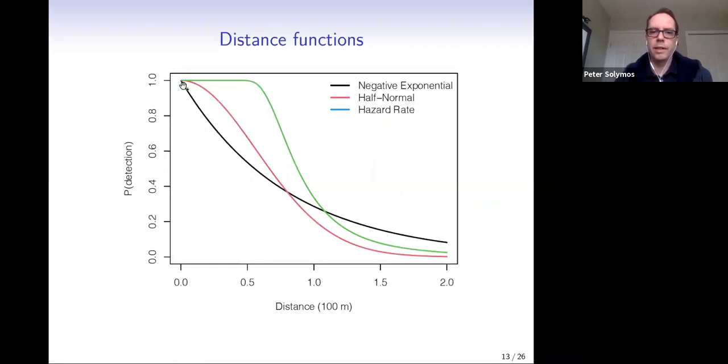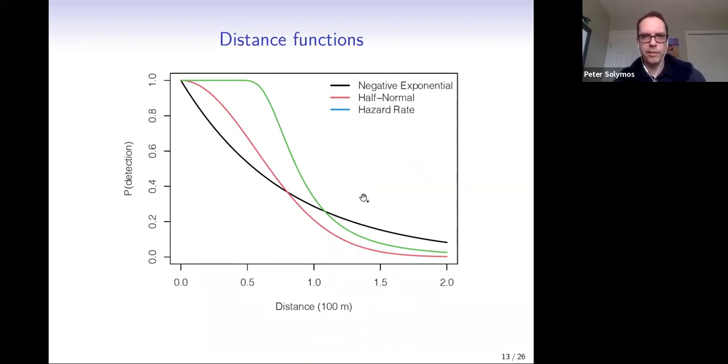So you can see negative exponential goes down. Then you have the half normal, which has this slight shoulder, and then it goes down. And then the hazard rate has this really, really pronounced shoulder, which just means to a certain distance, detection is almost perfect. And then after that, it goes down at a much faster rate, kind of like an exponential.